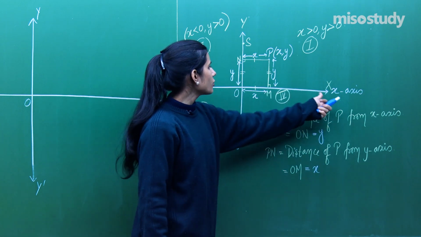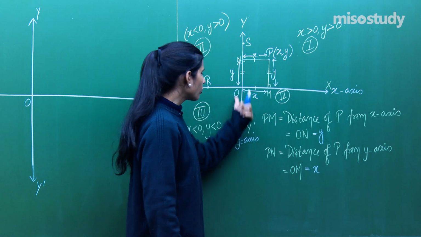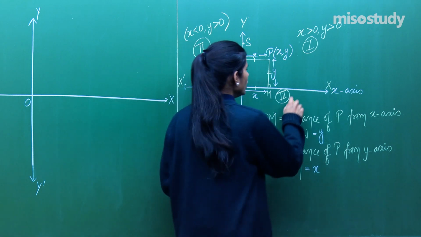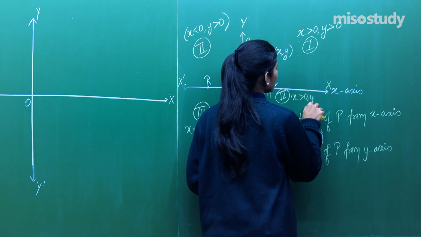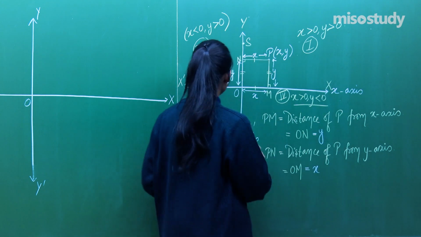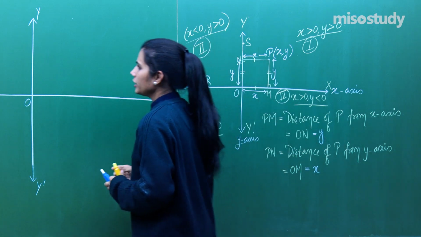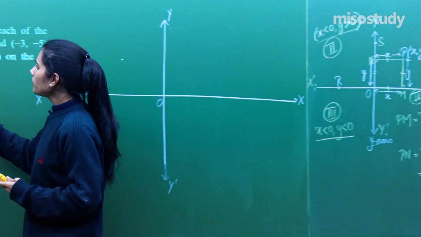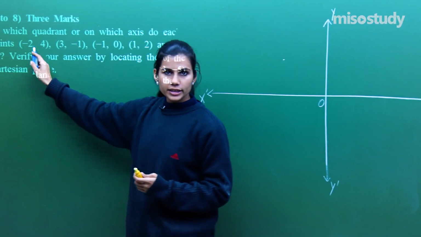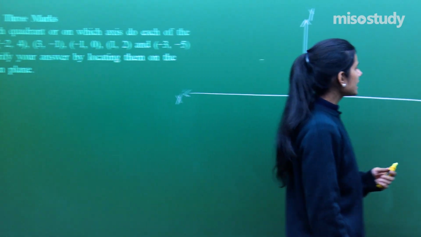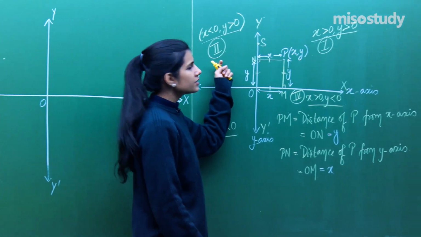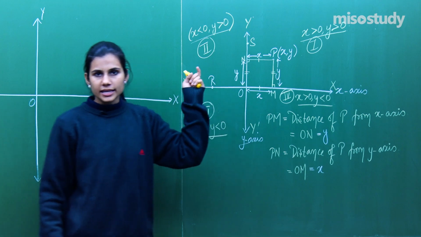So the x coordinate is going to come from the positive x-axis and the y coordinate from the negative y-axis. So x coordinate will be positive but y coordinate will be negative. Is it understood? Over here you can see in (-2, 4) x coordinate is negative, y coordinate is positive. That means the point is lying in the second quadrant.